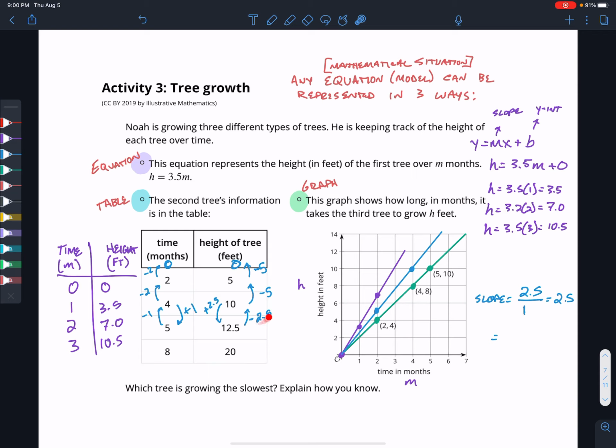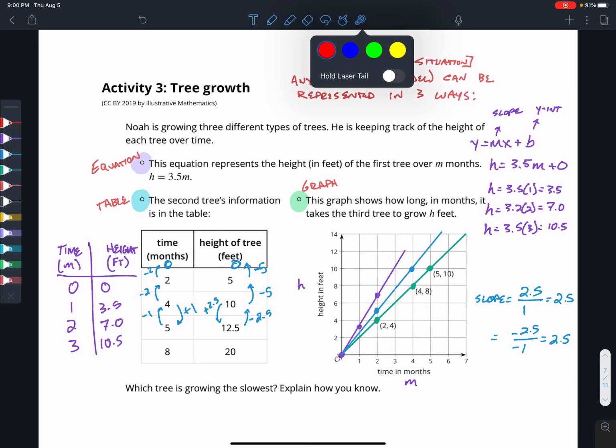And so then I just have negative 2.5 over negative 1, and a negative divided by a negative is a positive, so we still end up with 2.5 for our slope. So right there, we can also see that this one is steeper than this one. So, okay, that's in the middle.